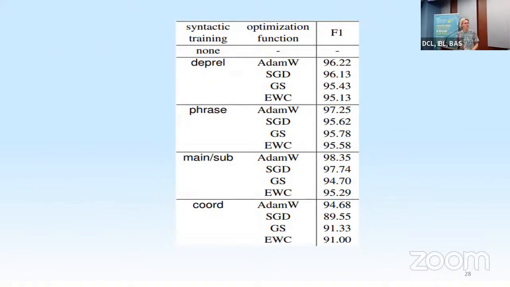And here, just to see what happens with all these relations, they apply different optimization functions, and Adam something is the best one. Optimizing, yeah. But as a whole, I think even if we look at the other ones, they are all good, more or less. Even for coordination, which expectedly is the worst one, it's good. I mean, these numbers seem good to me.